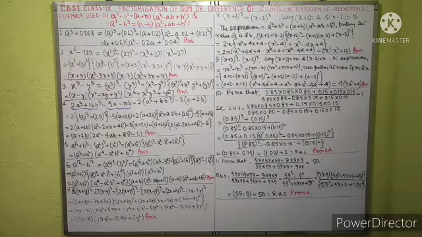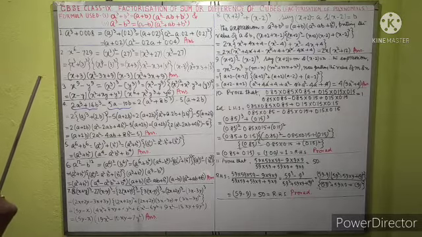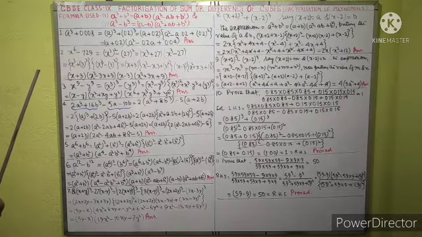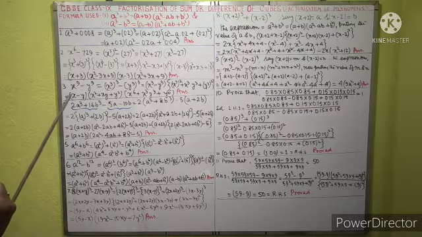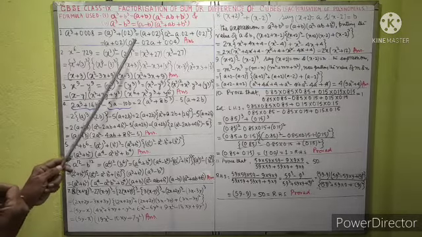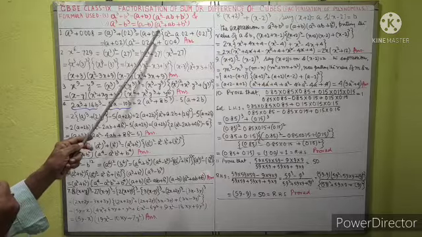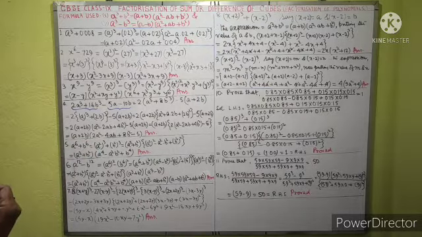Here we will study the factorization of a cube plus b cube and a cube minus b cube. The formula for a cube plus b cube is (a plus b)(a square minus ab plus b square), and that of a cube minus b cube is (a minus b)(a square plus ab plus b square).